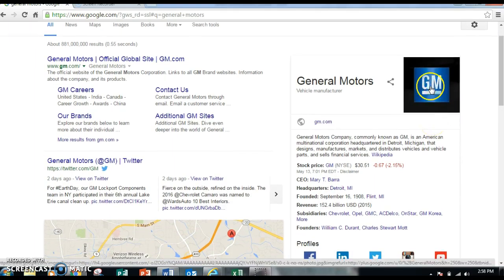So I can always look up the stock information for General Motors just by their ticker tape, which is GM. I can also look up the stock price right here, the headquarters. I can find all this information that I need for your summary right here in this section.